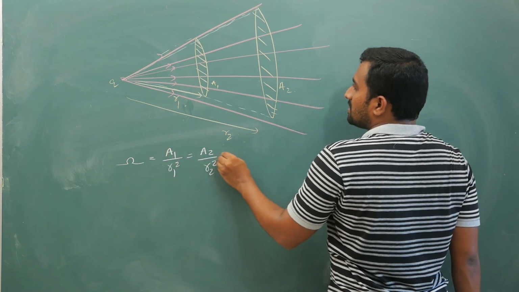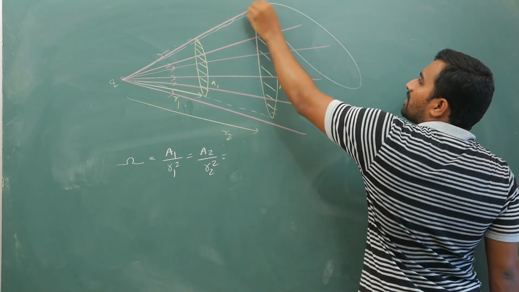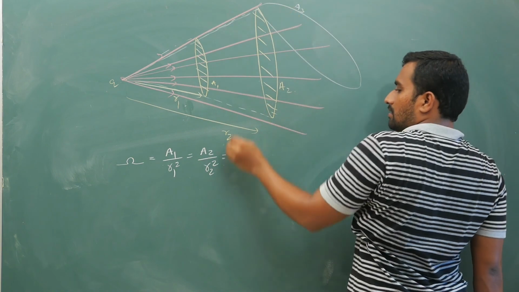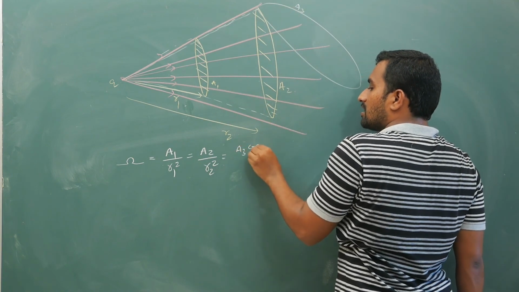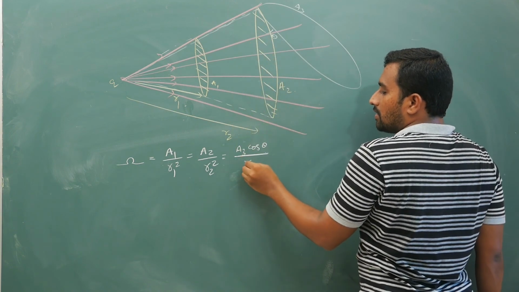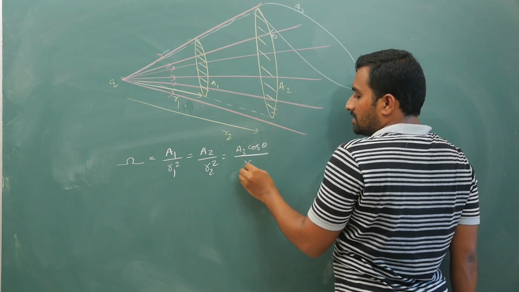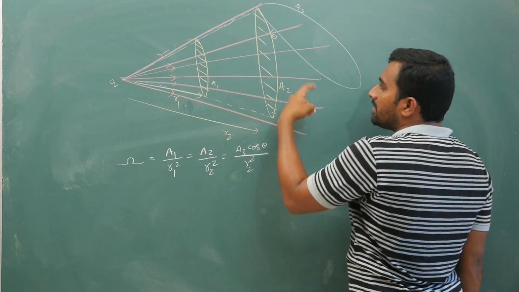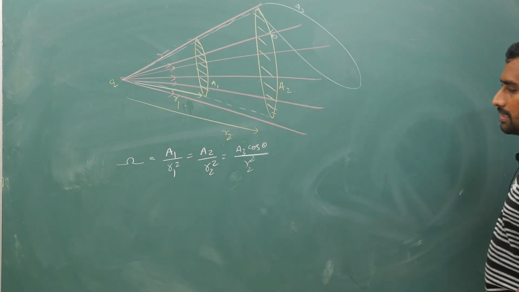If there is another figure here, A3, this will also be equal to A3 cos theta, which is nothing but A2, divided by the corresponding distance.